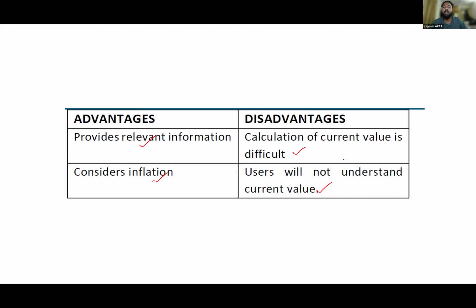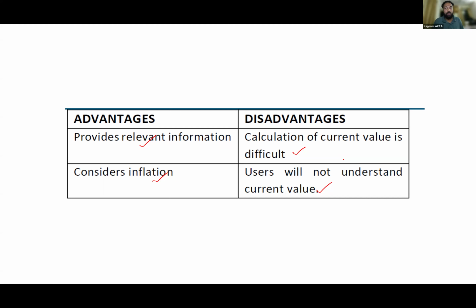What exactly is level 1, level 2, level 3, highest and best use, active market, principal market, most advantageous market? It is very difficult to calculate current value, and users will not understand it. And even if you are using the value in use method, it is the present value of future cash flow, which is again based on future cash flow. It is a forecast, an estimate, it can go wrong. So calculation of current value is very difficult and users will not understand.